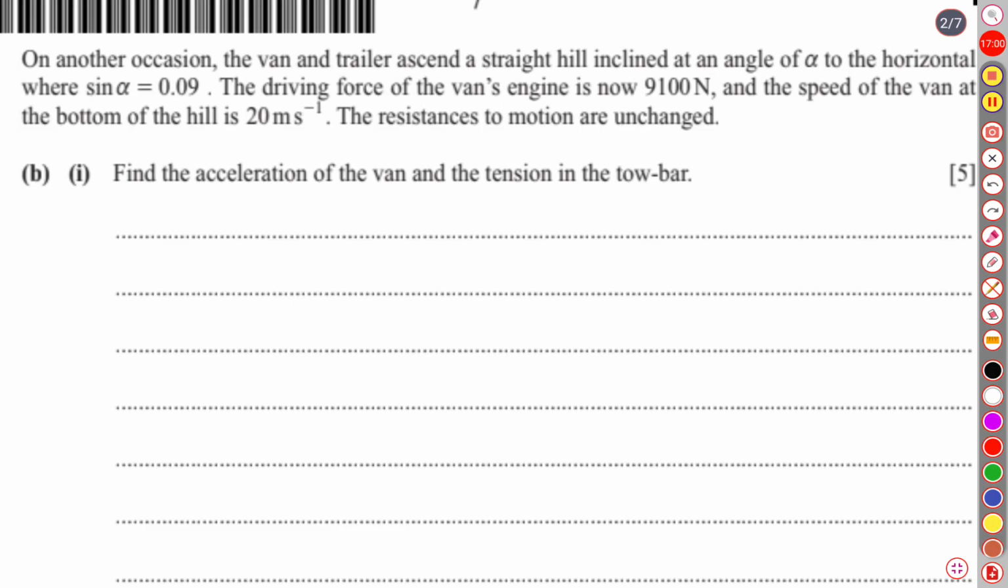So this is a little bit different from the previous diagram. Let us draw the diagram first of all. Now it is just moving upward. So suppose this is the hill, and the angle is theta.